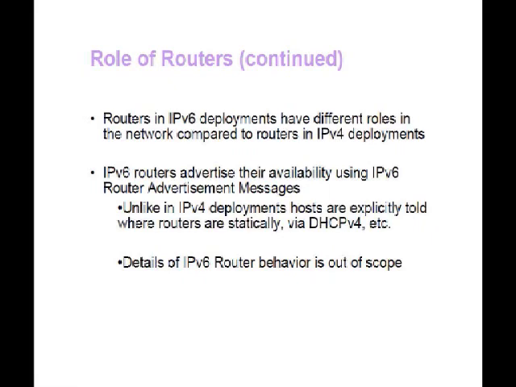Particularly what we're talking about on this slide are the M and the O bits. In theory and in some cases practice, the M bit was intended to trigger stateful DHCPv6 messaging, whereas the O bit is intended to trigger stateless DHCPv6 messaging.